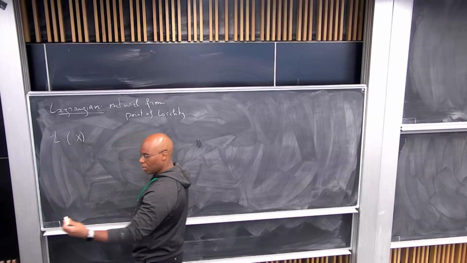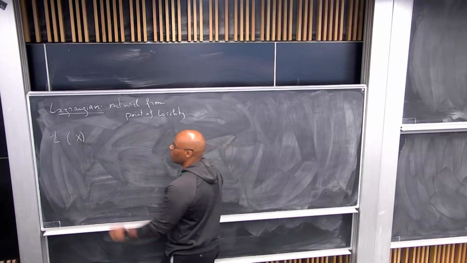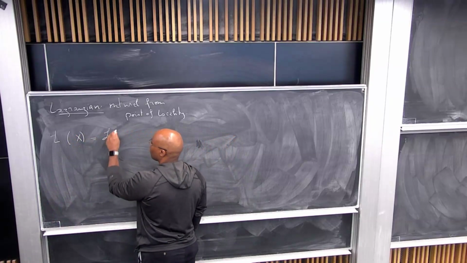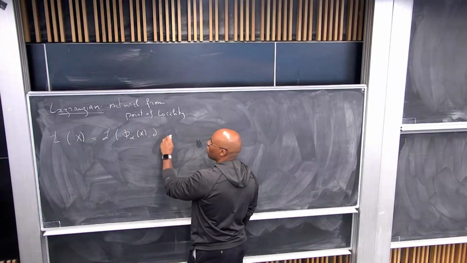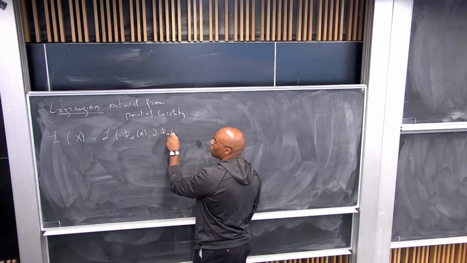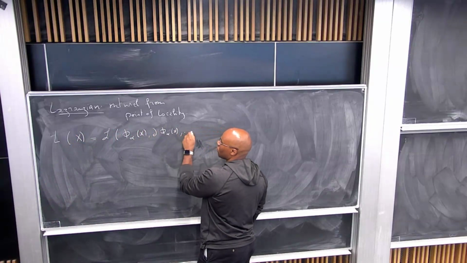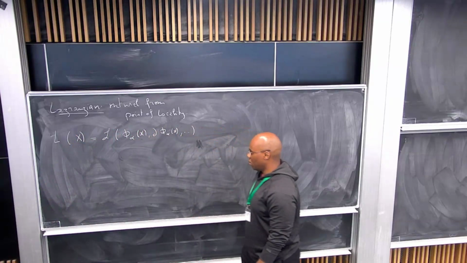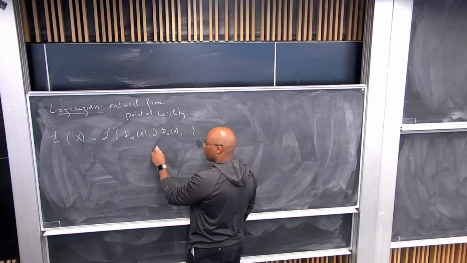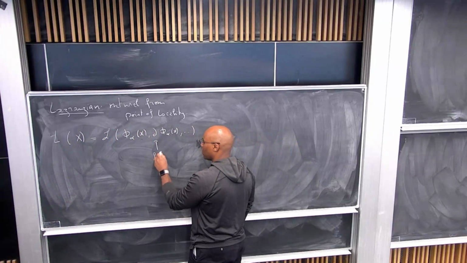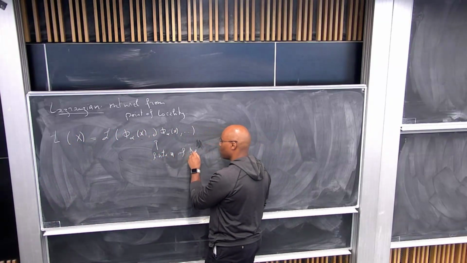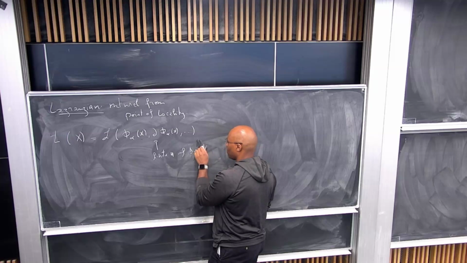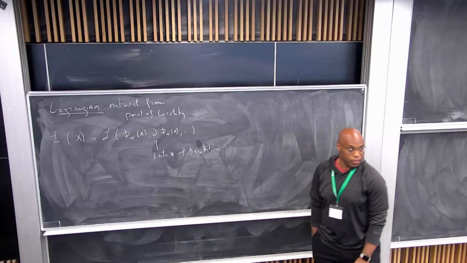It is a function of some fields that I turn on, and the derivatives of the fields, where everything is taken at the same point. And in particular, it has a dependence on a finite number of derivatives. And this is an imposition of locality in general.